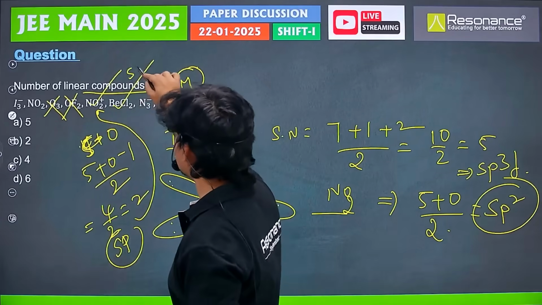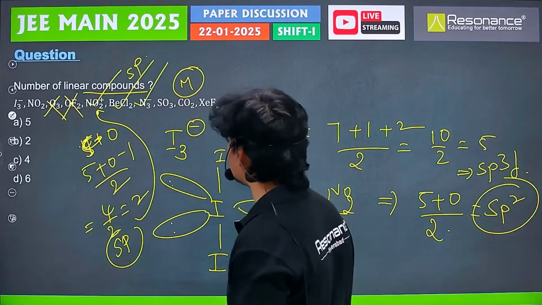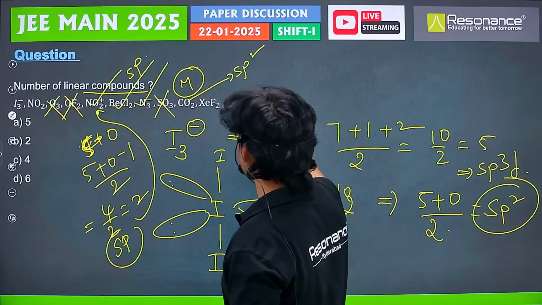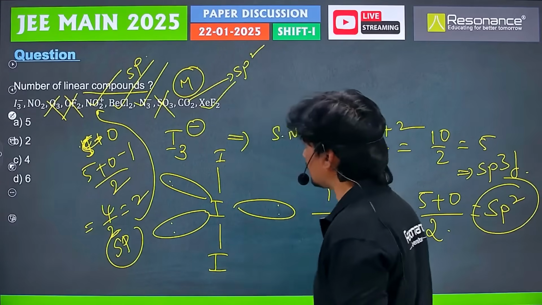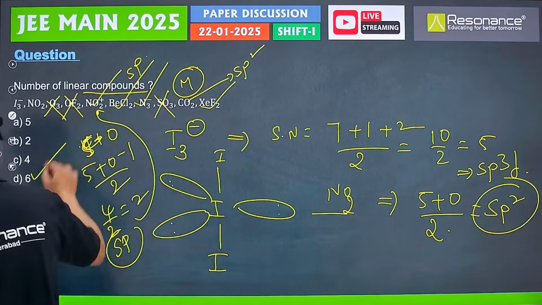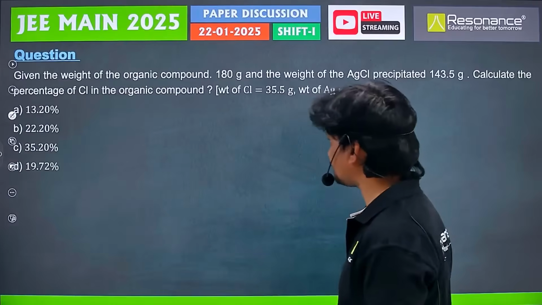BeCl2 is sp hybridized and also linear. How many compounds have a linear structure? The answer is 6. Option is D.